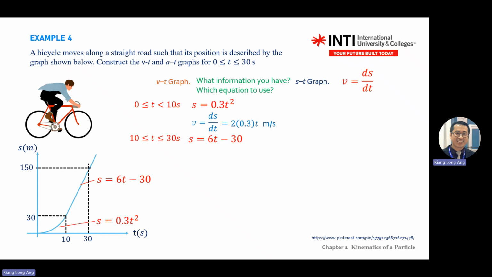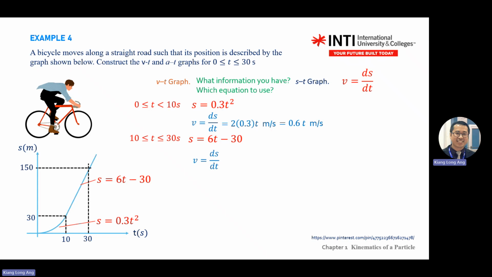This is a linear line, so use your ruler, connect this line. Make sense? So remember, this equation is important in the test. v equal to ds/dt, you differentiate, then you write 0.6 t. The unit is important. Don't miss out the unit. If you miss out the unit, automatic discount of 50% from the full mark of the answer.